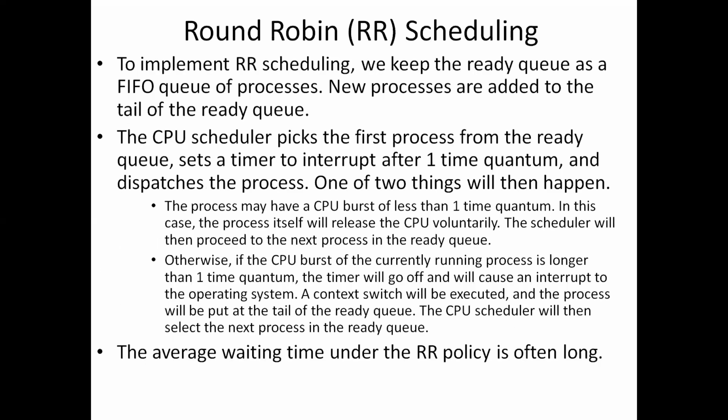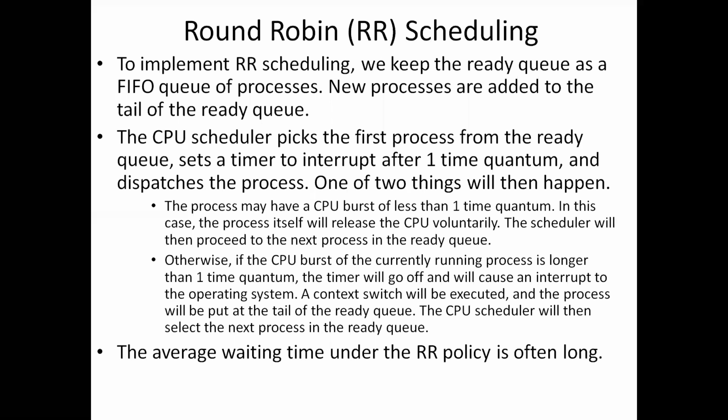To implement this round robin scheduling, we keep the ready queue as a first in first out queue of processes, because round robin is like first come first serve scheduling. The ready queue holds the processes in first in first out manner.